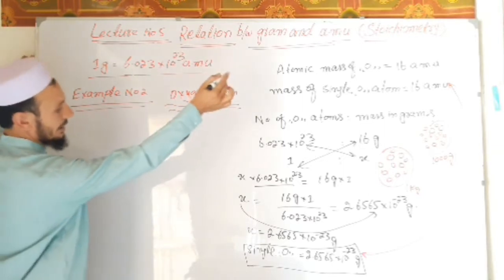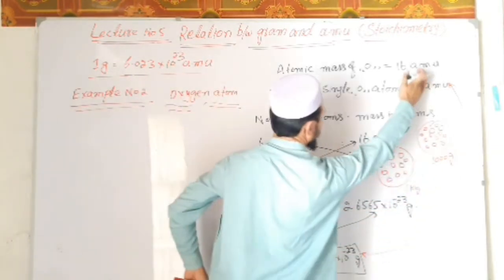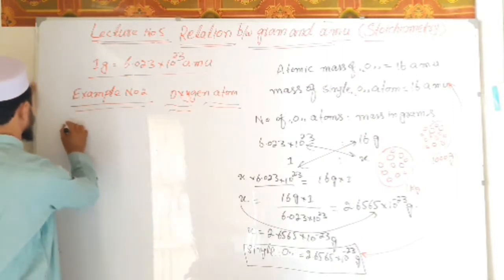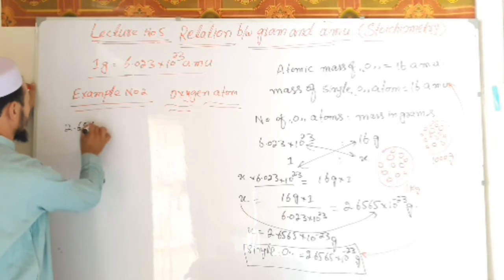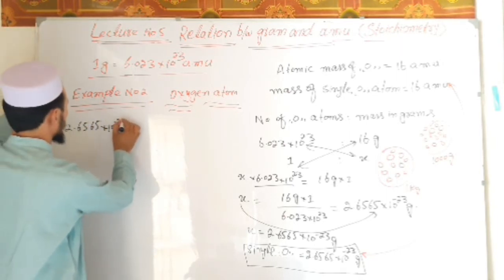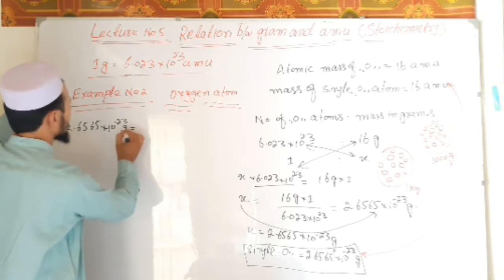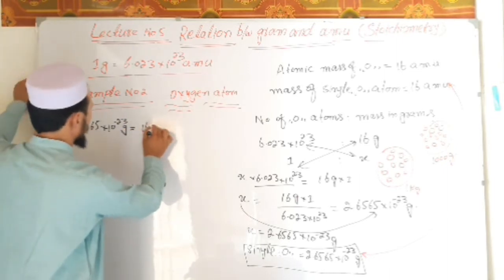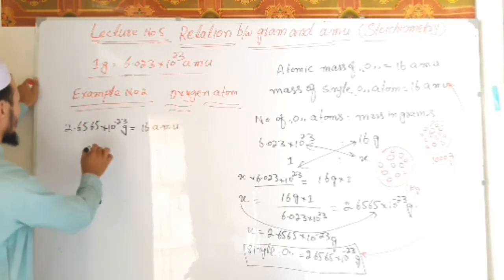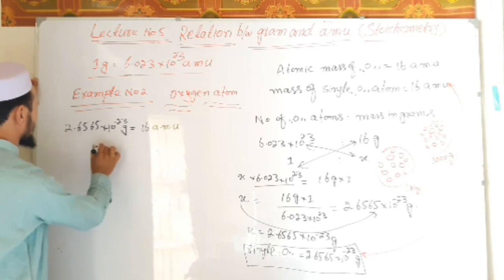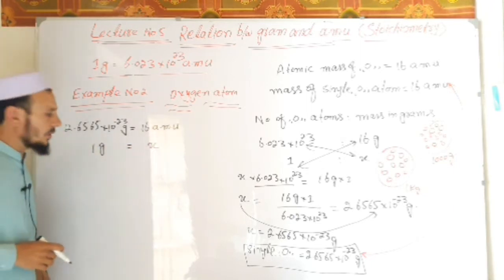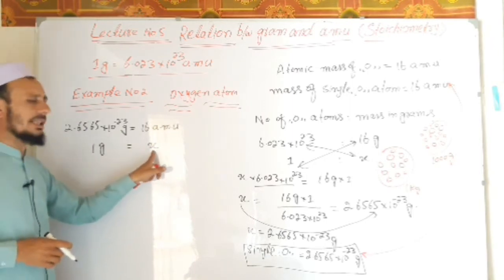So dear students, as you look here, from this relationship we know that 2.6565 multiplied by 10 raised to the power of minus 23 gram is equal to 16 a.m.u. Then 1 gram will be equal to x a.m.u. So dear students, what does x represent here?